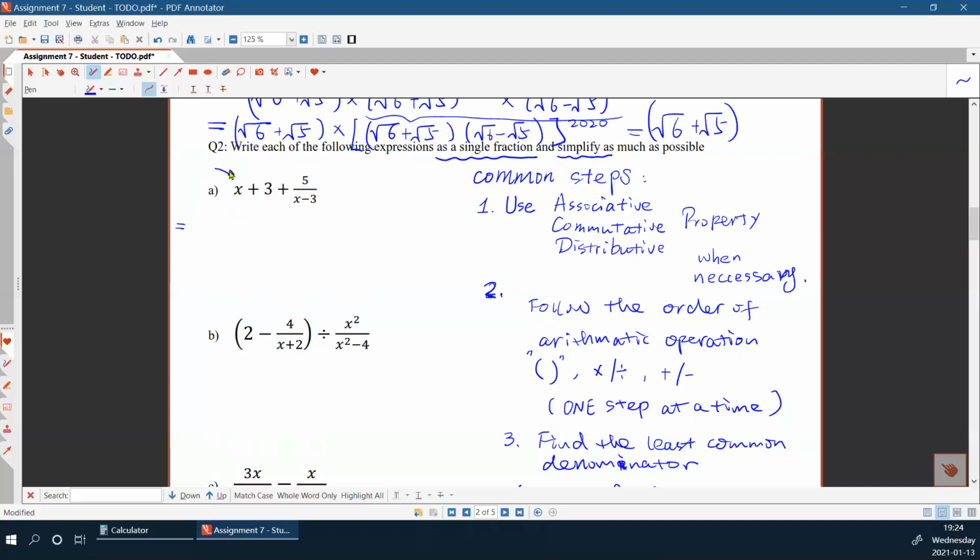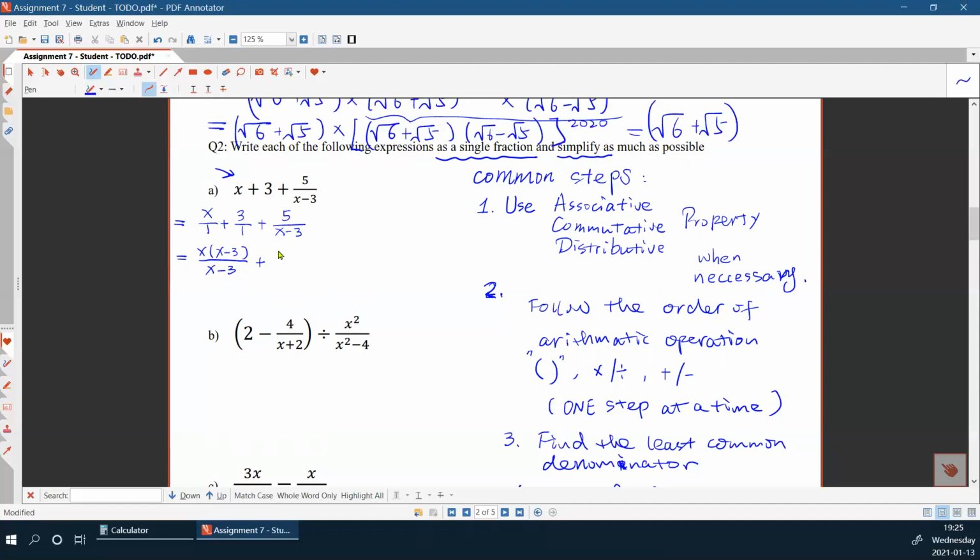So if you rewrite the first term, I'll write one more step for you. This is actually x over 1 plus 3 over 1 plus 5 over x minus 3, right? So the least common denominator is x minus 3. If you rewrite all the terms using x minus 3 as the common denominator, the first term becomes x times (x minus 3) divided by x minus 3, right?